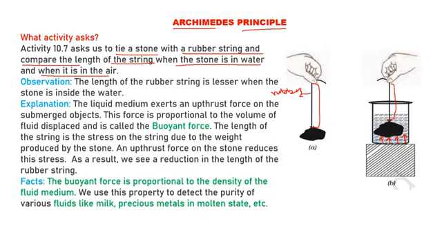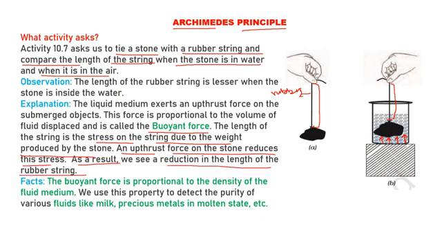Because of this upthrust force, you will find that the length of the string has decreased, because it acts in the upward direction, and this shows that the upthrust force is nothing but the buoyant force acting on an object. The length of the string depends on the stress on the string due to the weight produced by the stone. As the upthrust force on the stone reduces this stress, we see the reduction in the length of the rubber string.